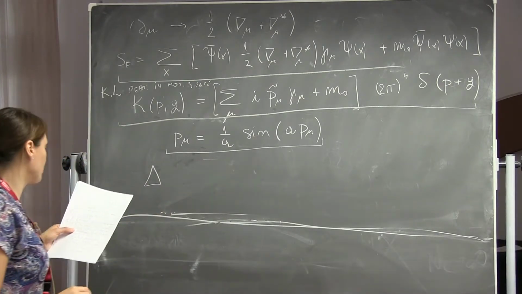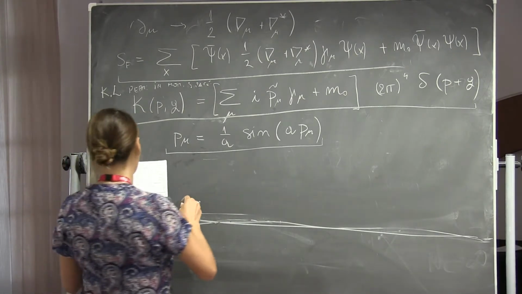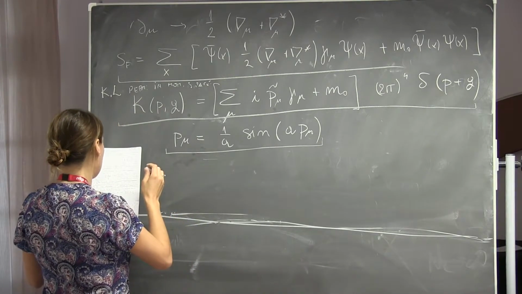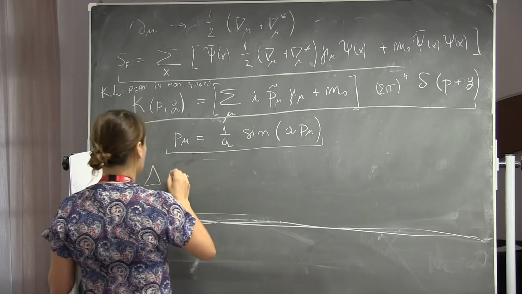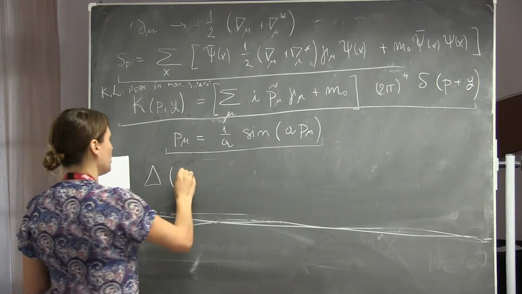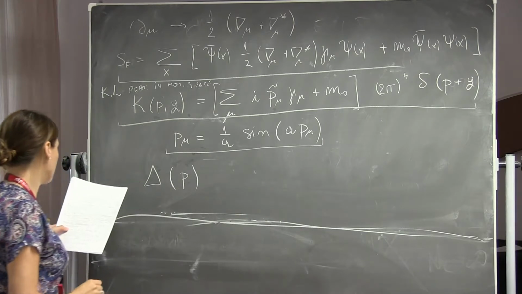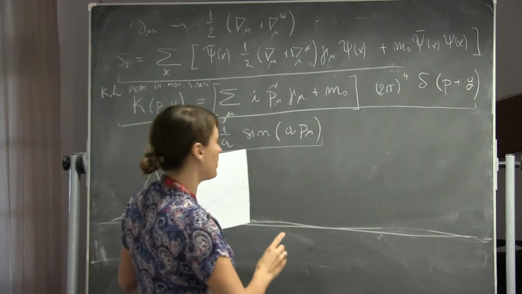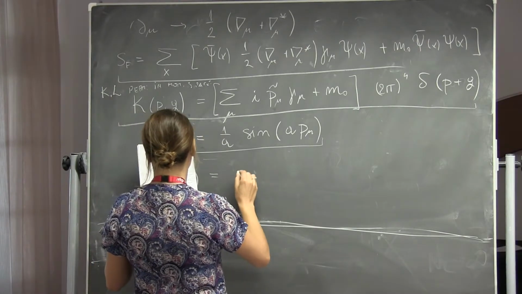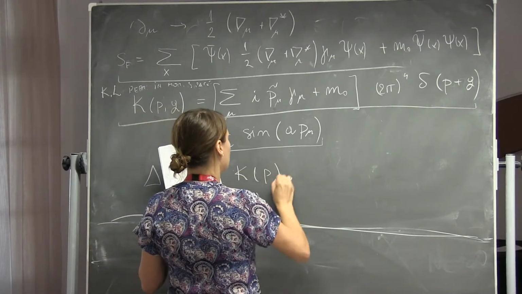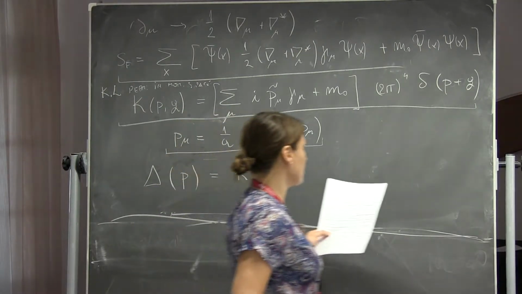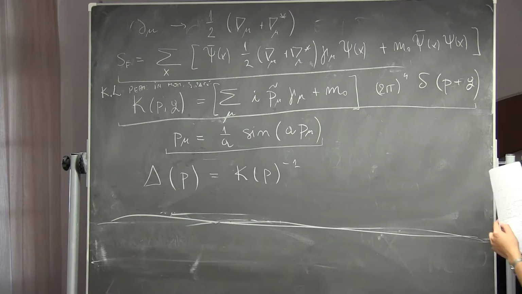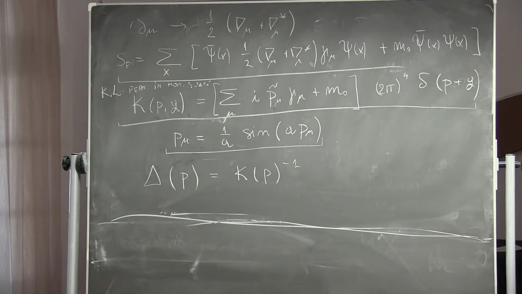In order to understand this decay in position space, we will first need to compute the two-point function in momentum space, which will be the inverse of the propagator in this Källén-Lehmann representation.